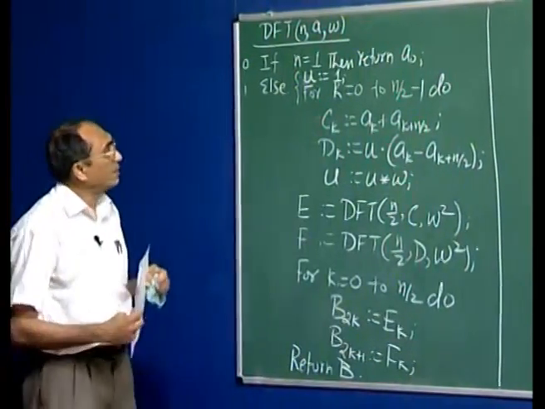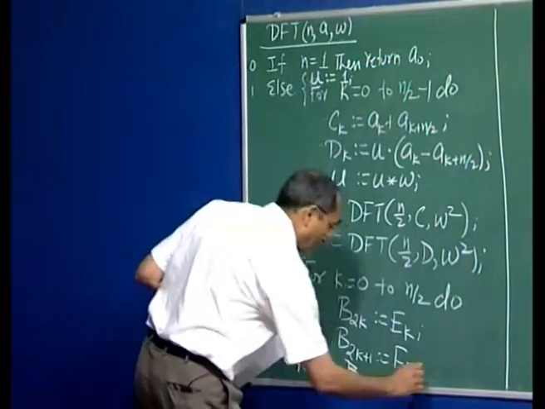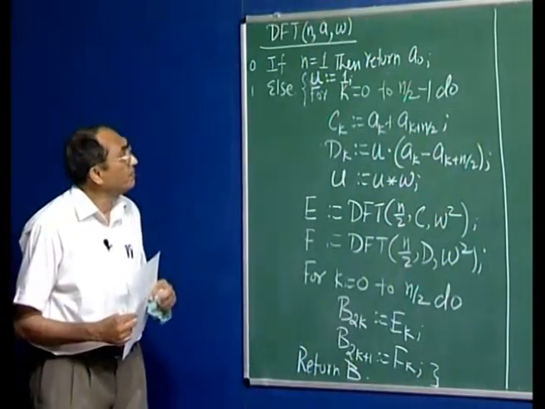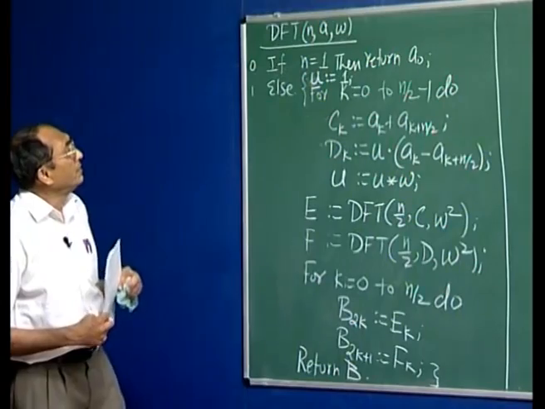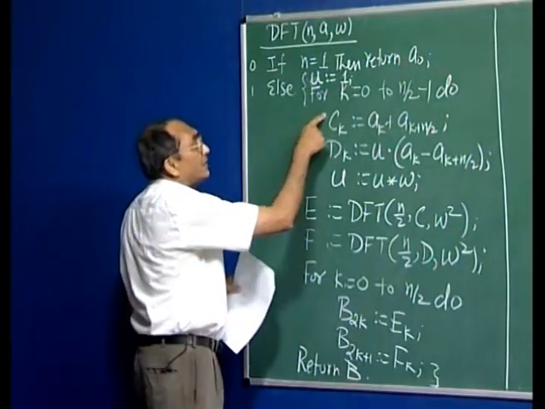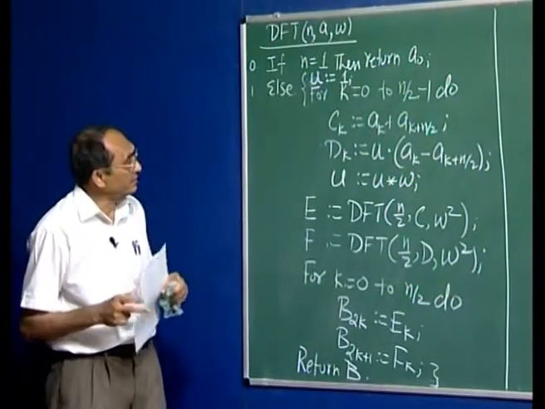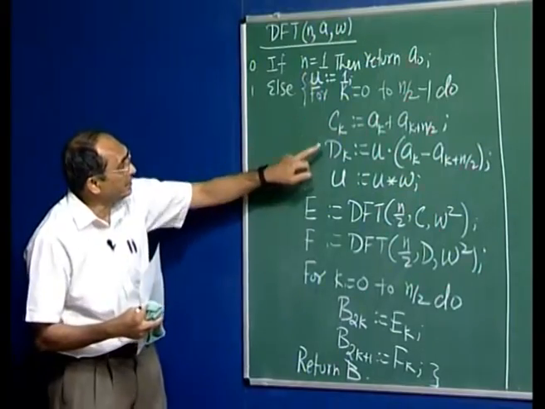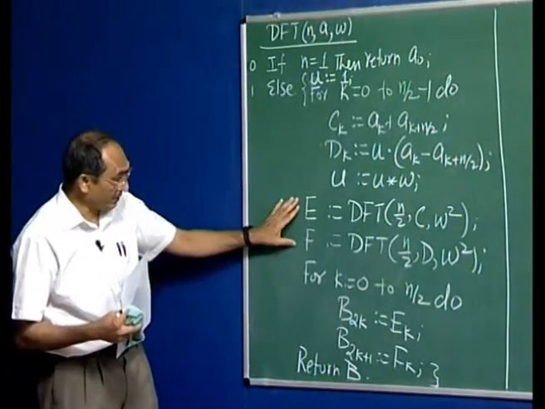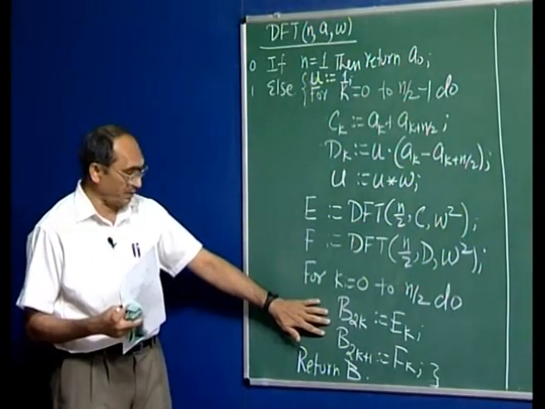So the complexity, I should probably put a closing brace. The main computation is generating these n components, n by 2 components of C and n by 2 components of D. Then we make recursive calls and again we generate these n components of the Fourier transform.